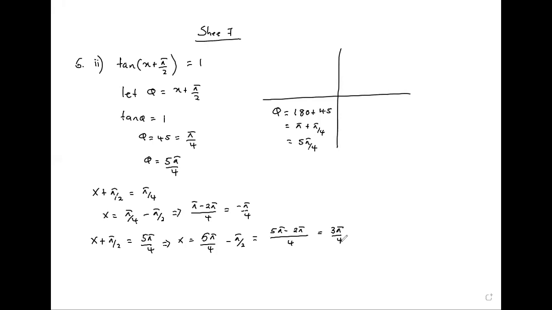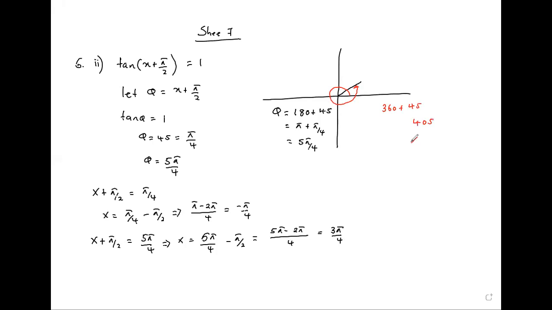We're dealing with 45 in the first quadrant there. So if we went round and gone as far as 360 plus 45, we would get, what do we get? 405, I mean.